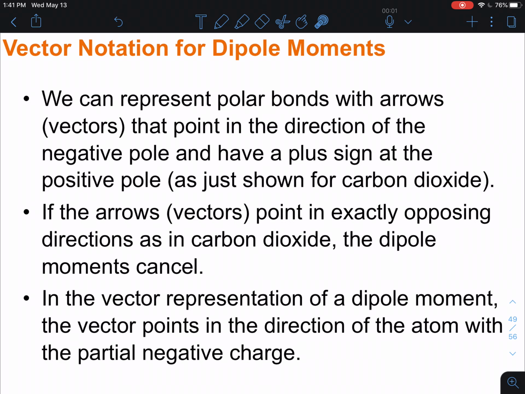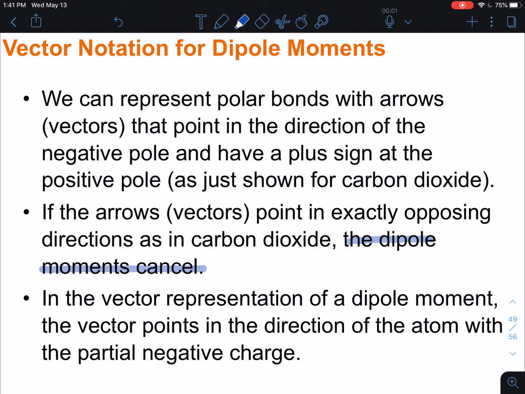If the arrows point in exactly opposite directions, as they did in carbon dioxide, the dipole moment cancels, okay? In the vector representation of a dipole moment, the vector points in the direction of the atom with the partial negative charge.